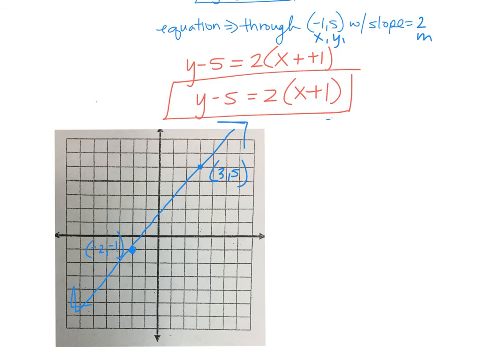Okay, let's say they ask for the equation of that line. What do you need to find? What form are you going to use? What do you got to find?